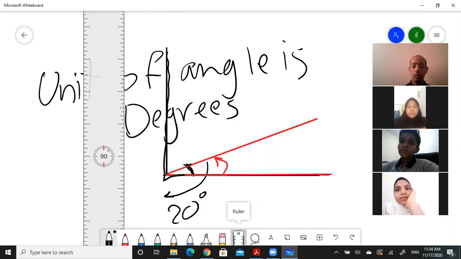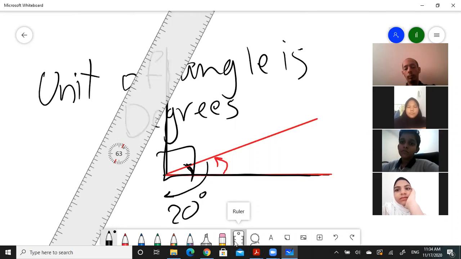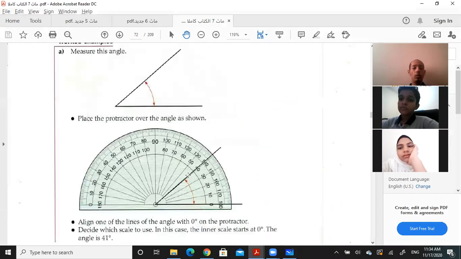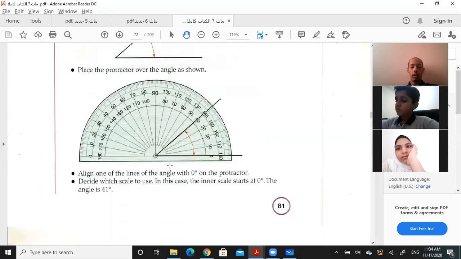So this is the right angle. By the way, you can use the protractor to measure and to draw an angle. Let's see how to do that.